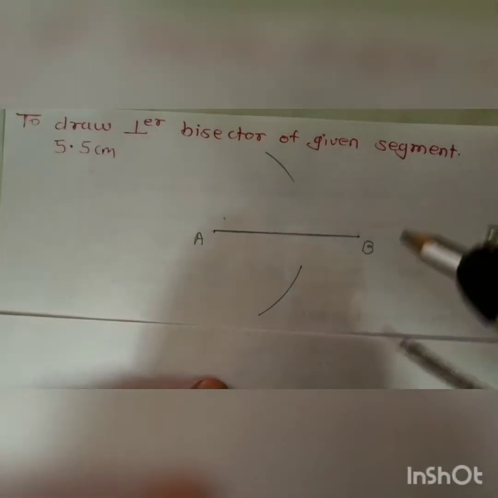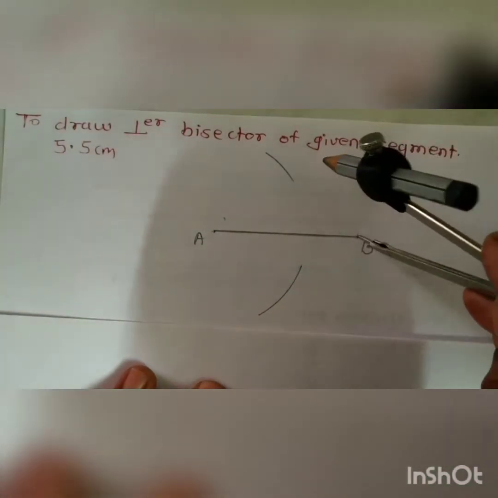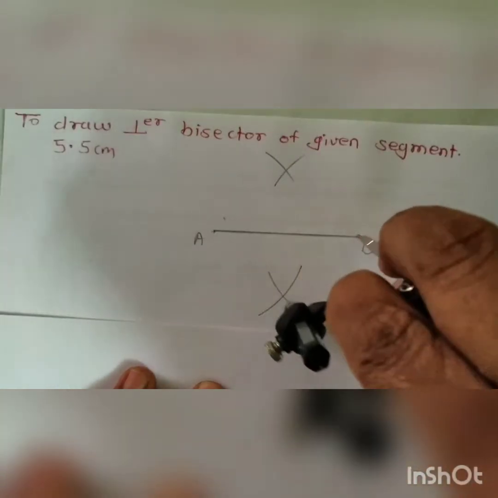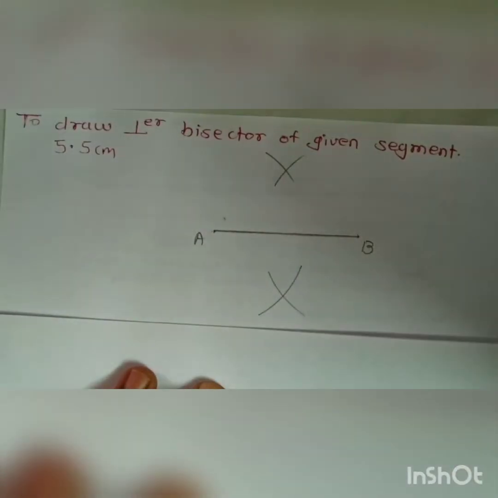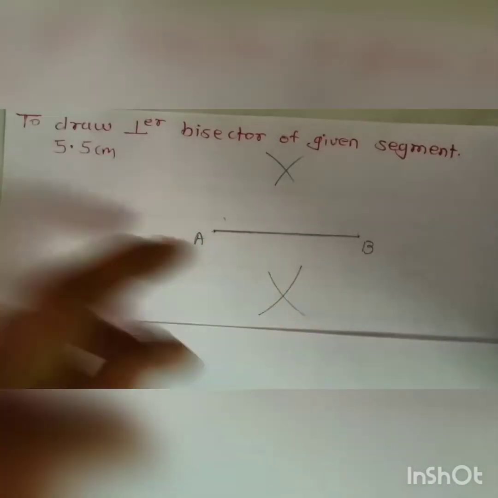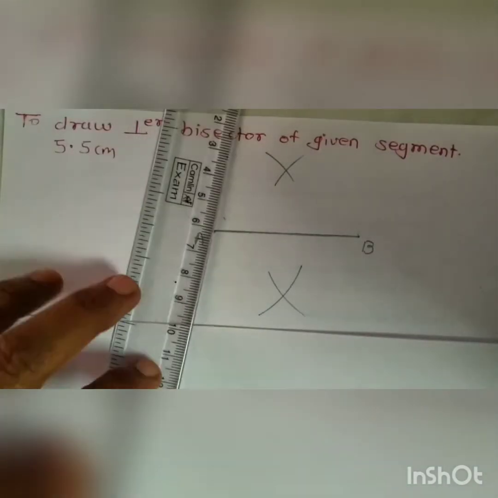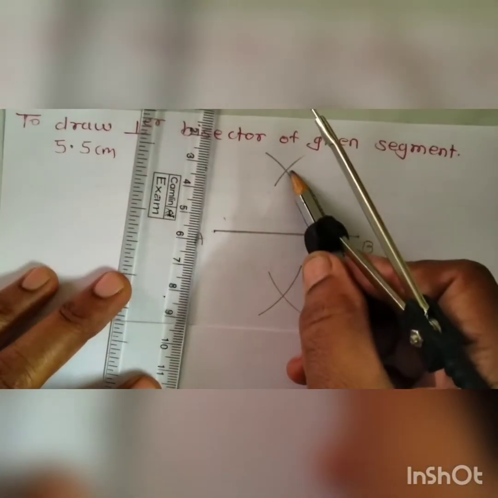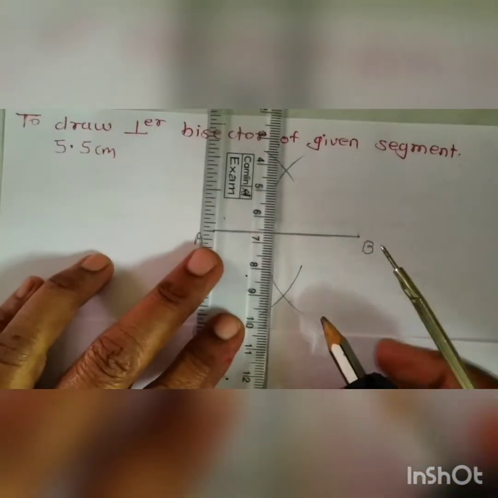Taking B as center, means put your compass on point B and draw arcs to both sides of the segment. Both arcs from point A and from point B will intersect in 2 points. This is one of the points and this is one of the points.